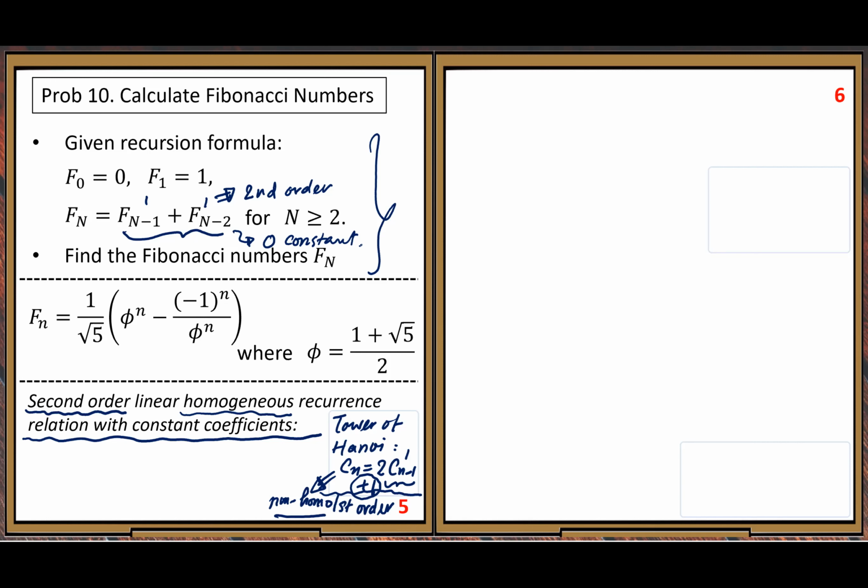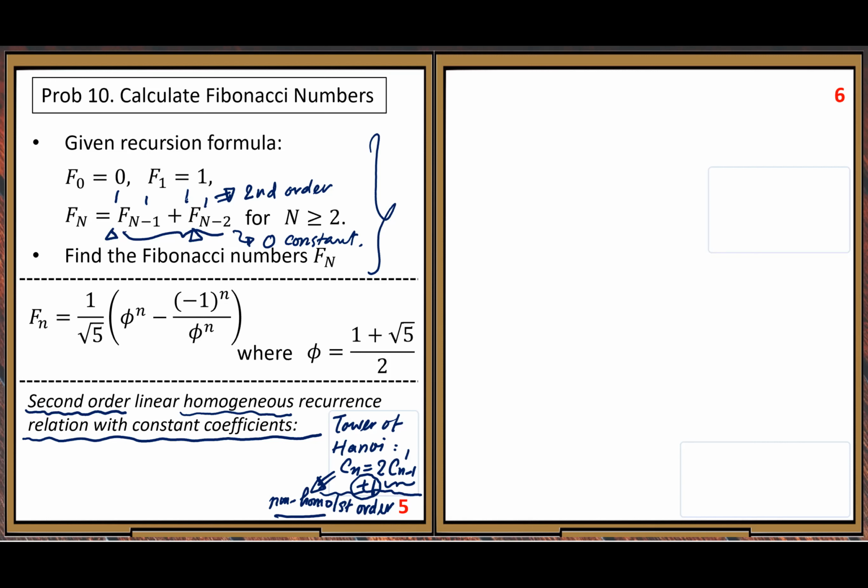Recurrence relation with constant coefficients. What do we mean by constant coefficient? Look at the coefficient of each term. The first term is 1, it's constant. The coefficient of the second term is also 1, also constant.